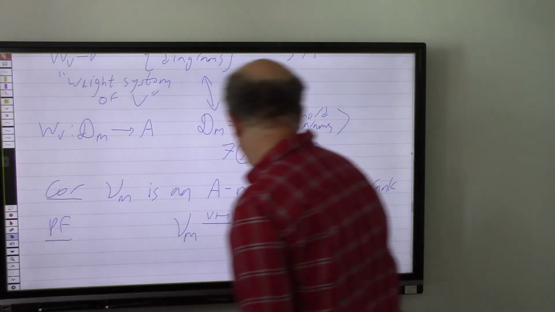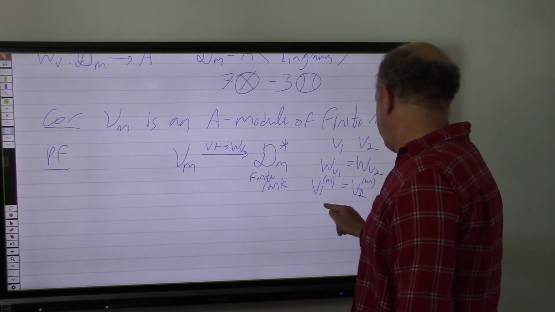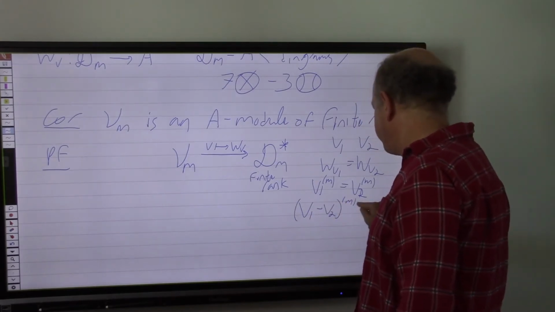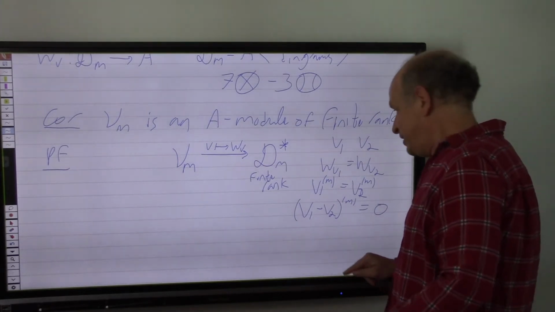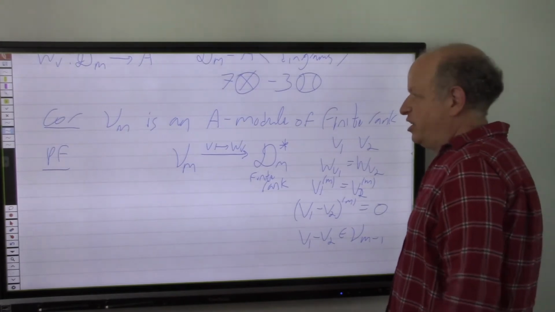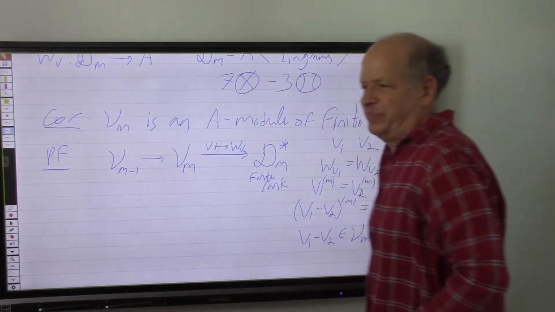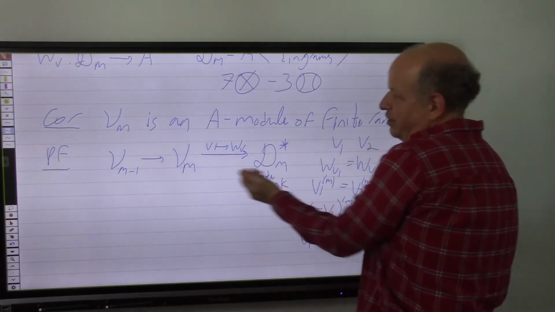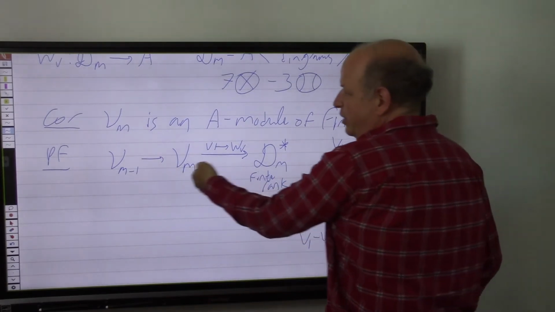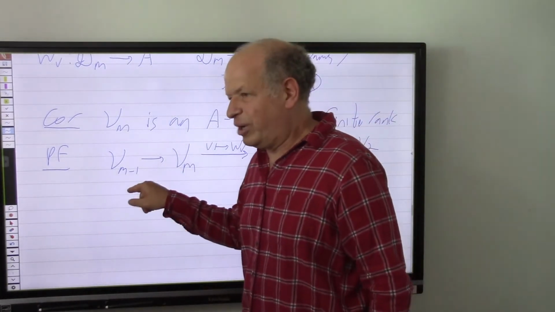This is the same as saying the mth derivative of V1 minus V2 is equal to 0. But this is the same as saying that V1 minus V2 is an invariant of type M minus 1. So the kernel of this map is V_{M-1}. Actually, the kernel is simply the invariants of type M whose mth derivative is equal to 0, and if an invariant has mth derivative equal to 0, then it is of type M minus 1.